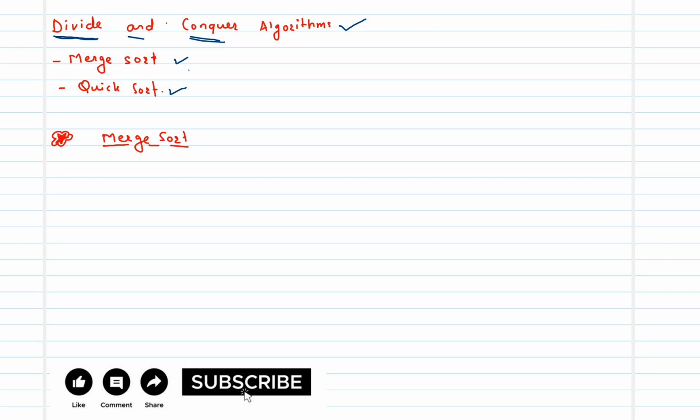So these are some of the techniques under sorting which fall under selection sort or bubble sort, and their complexity is of the form big O of n square. Then there are some faster algorithms which fall under the divide and conquer strategy. So whatever I said, like bubble sort, insertion sort, these are some of the sorting techniques, and their complexity is big O of n square, because for each element we are going to traverse the entire array.